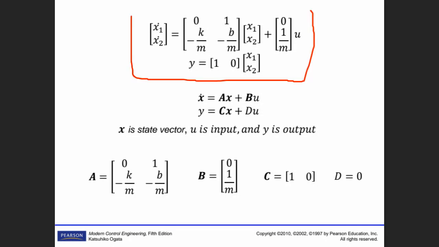So you can see that the A matrix is this one here, and the B matrix is this one, and the C matrix is 1 0, and the D matrix is equal to 0. So this is the solution of this system.